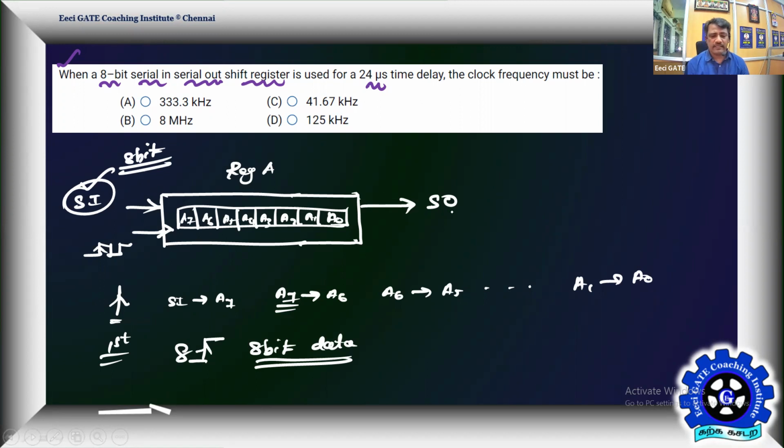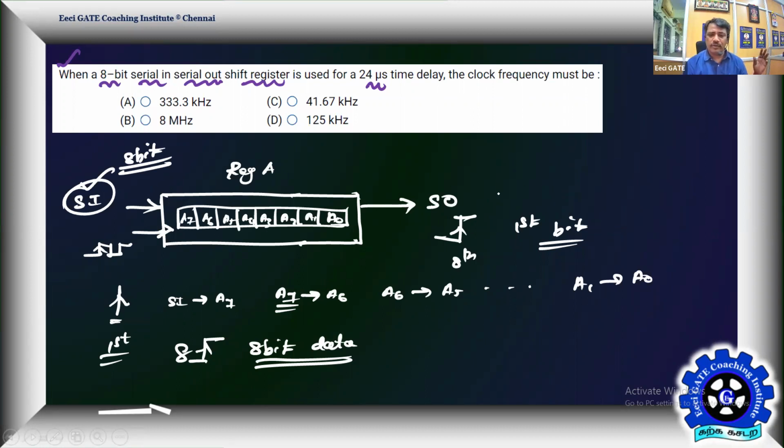So the first bit is available by this time. At the 8th clock, the first bit is available. Then if you want to pass the remaining bits, you need 7 more clocks. So 8 clocks are needed to load 8-bit data, and at the 8th clock you have the first bit out.